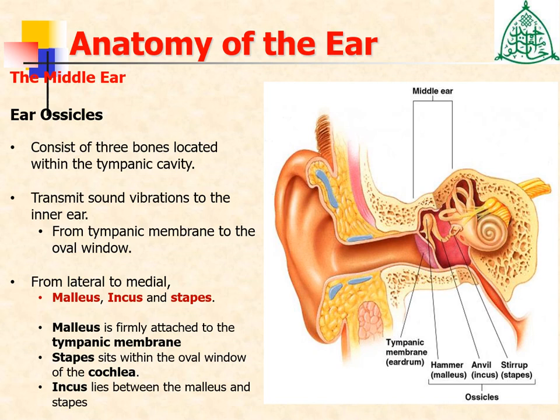The malleus is firmly attached to the tympanic membrane. The stapes sits within the oval window of the cochlea, and in between the malleus and the stapes, the incus lies. Therefore, vibration from the tympanic membrane is carried by the malleus via the incus and transmitted to the stapes, and from the stapes it is transmitted onto the oval window of the cochlea.